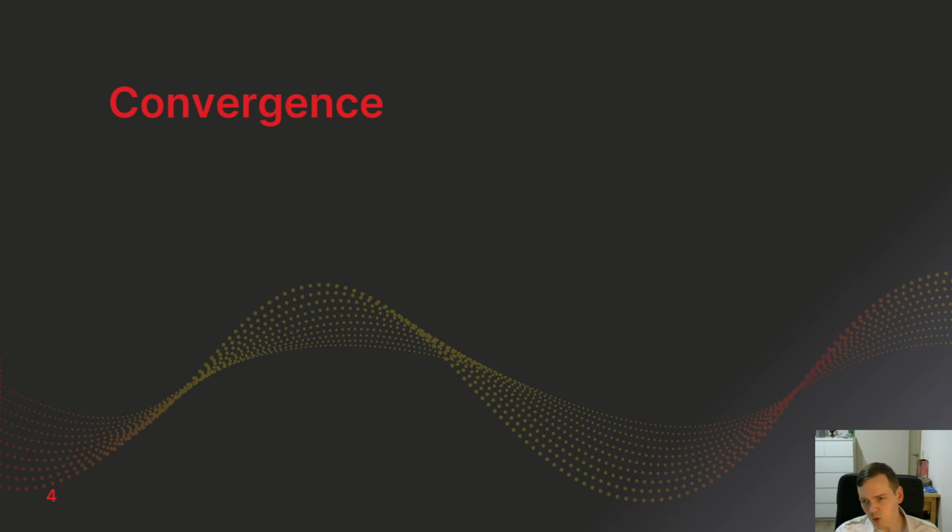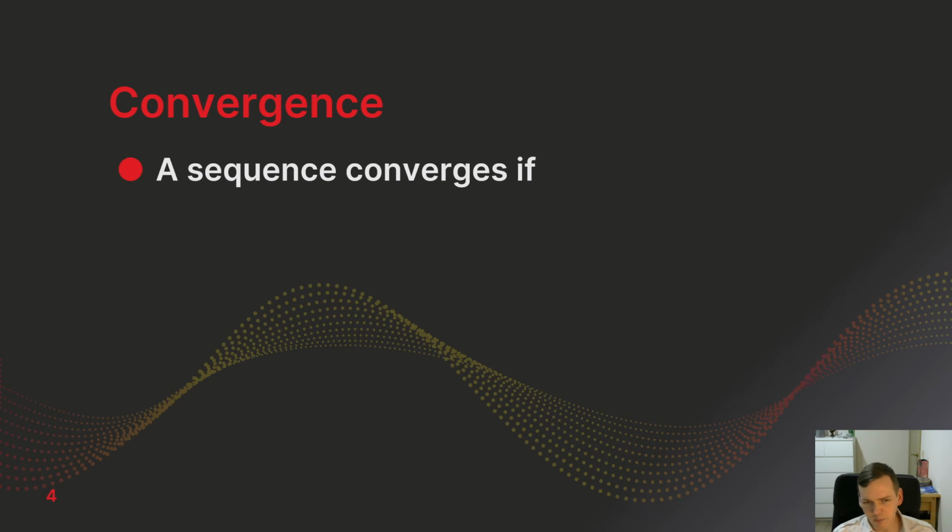Now for this class, we're only going to really be talking about series, but I will mention this here. A sequence is considered to converge if the limit as n approaches infinity of a sub n is equal to a number. So in other words, if as you go out to infinity, there's some pattern such that you would expect the infinite number to be a specific value, then that sequence converges.